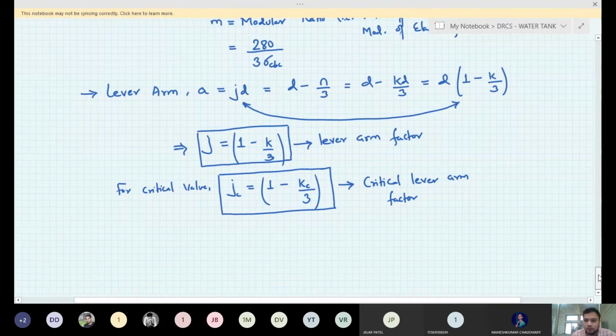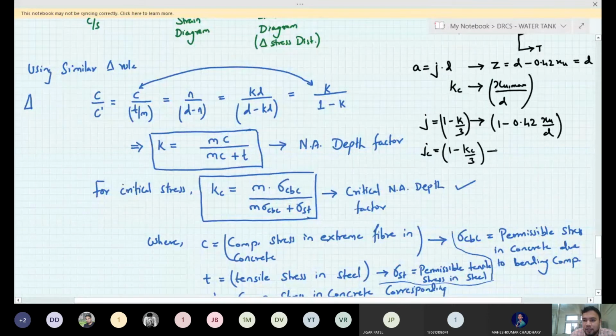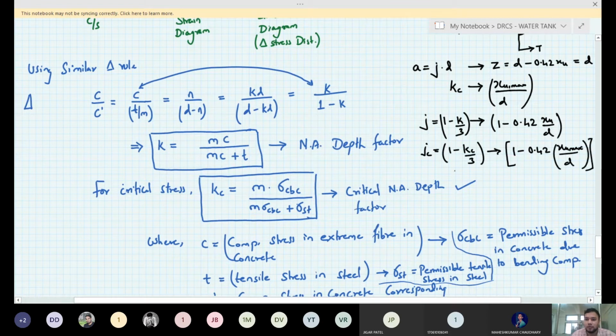And same way the term JC, which is equal to 1 minus Kc by 3, is analogous to your term 1 minus 0.42 XU max by D, that is for the maximum value. Okay, so in limit state philosophy you use the term 1 minus 0.42 XU by D. Here you will be using JC is equal to 1 minus Kc by 3.